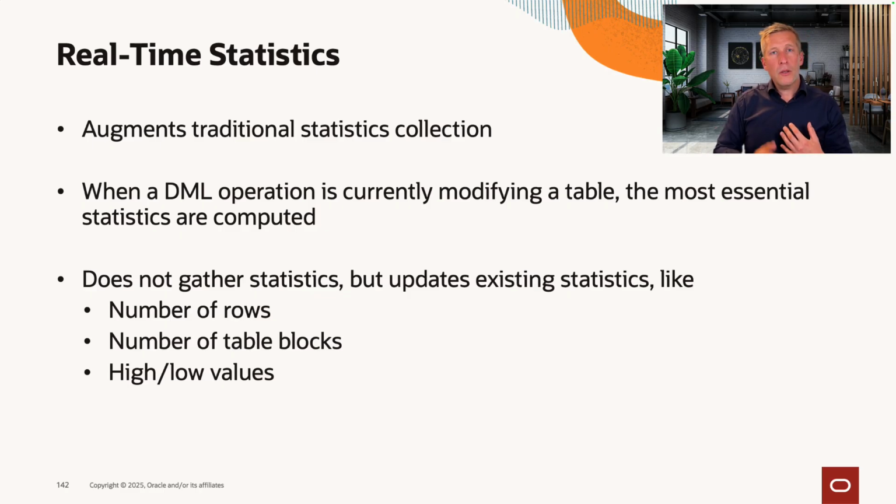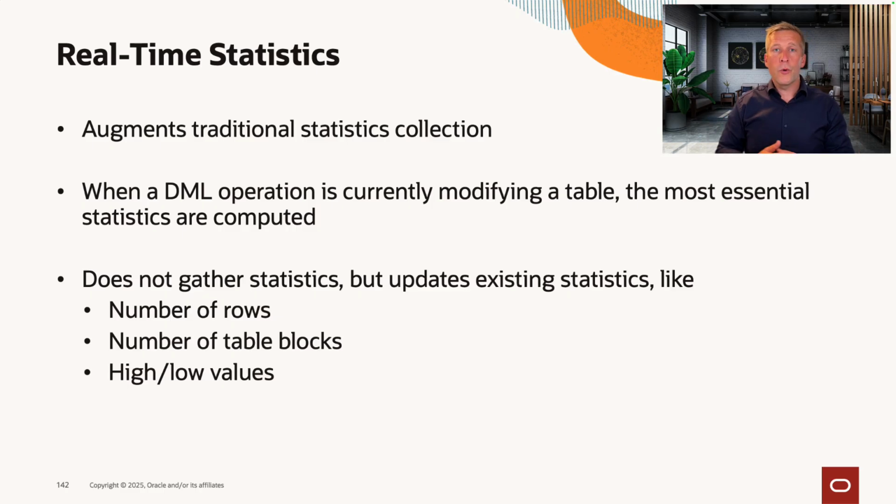But from my point of view, the biggest benefit is that we can actually also update the high and low values of a column. So sometimes you have columns that you enter that is continually incrementing. It could be a date, it could also be something from a sequence. Every time you insert, you generate new high values. This means that all the new data will be outside the bounds of the high and low values according to statistics, and in some cases this can lead to some really bad cardinality misestimates.